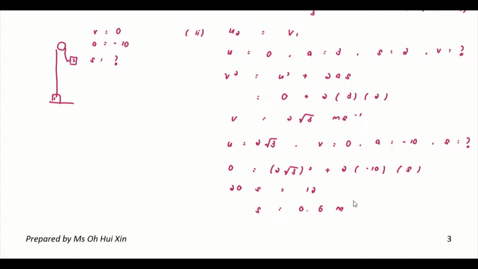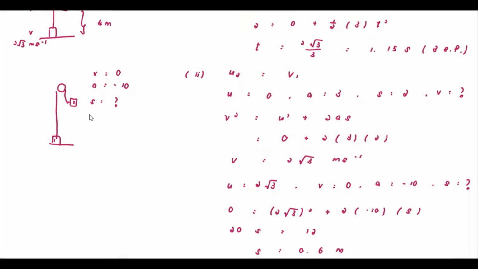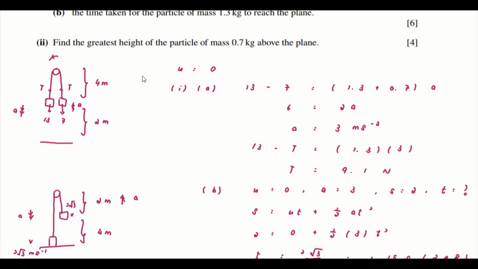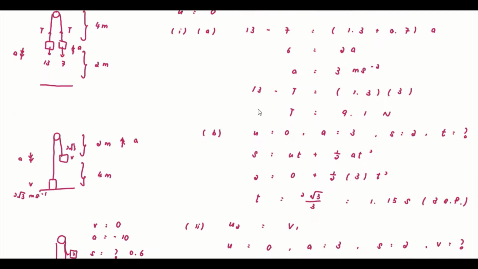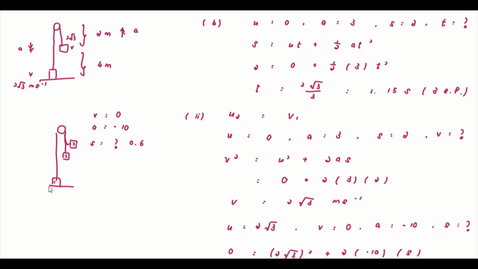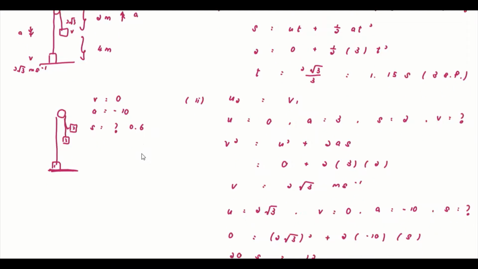And don't forget this is not your last answer, which means previously the line is here. So from here to here is 0.6. And we want to find the maximum height, the greatest height of the particle above the plane. So the plane is here now. Just now we know that when the particle is here, this is 4 meter, right? Then you're moving up a further 0.6 meter.